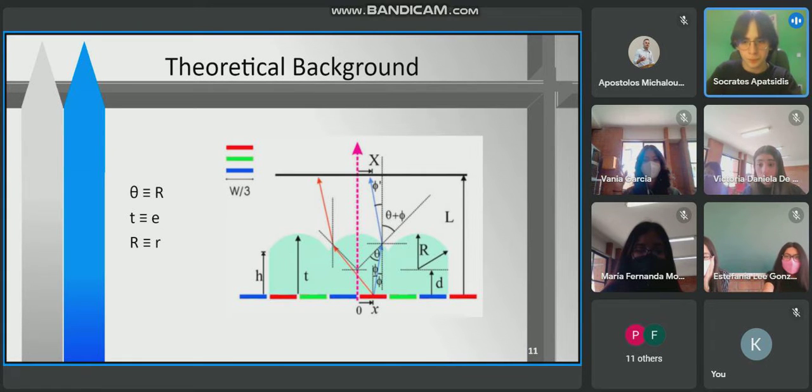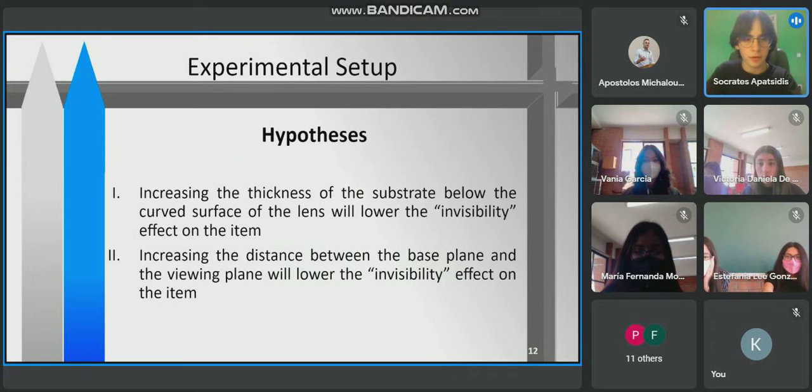So for the experiment, we made two basic hypotheses. The first one says that if we increase the thickness of the substrate below the curved surface of the lens, which means the parameter H, the invisibility effect will be lowered on the object.